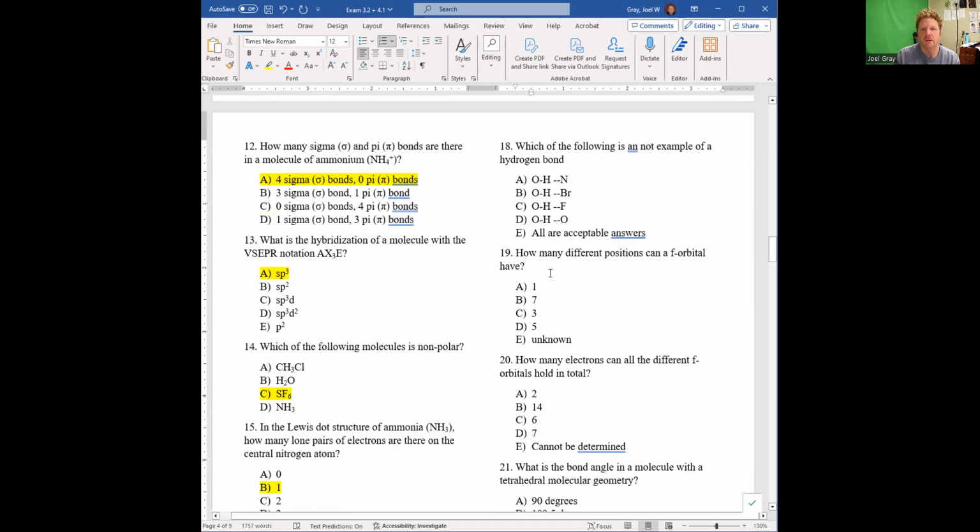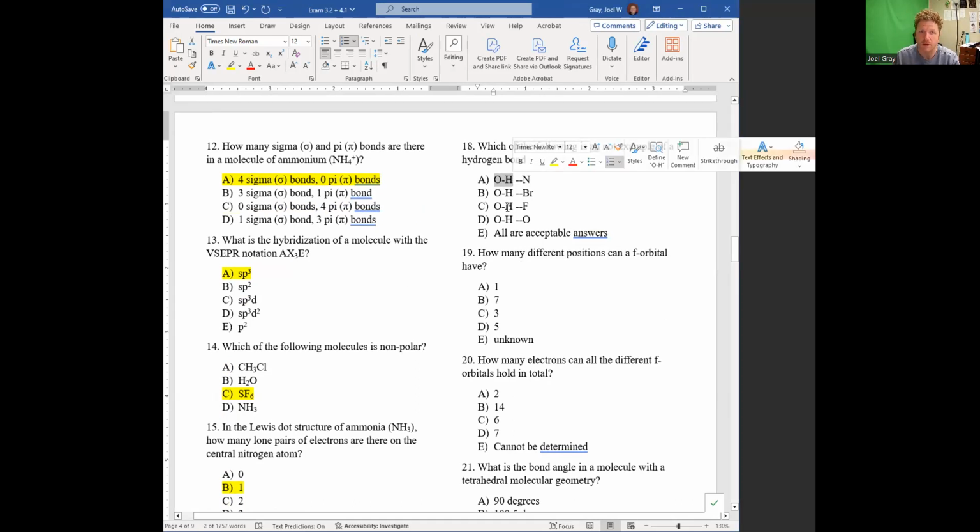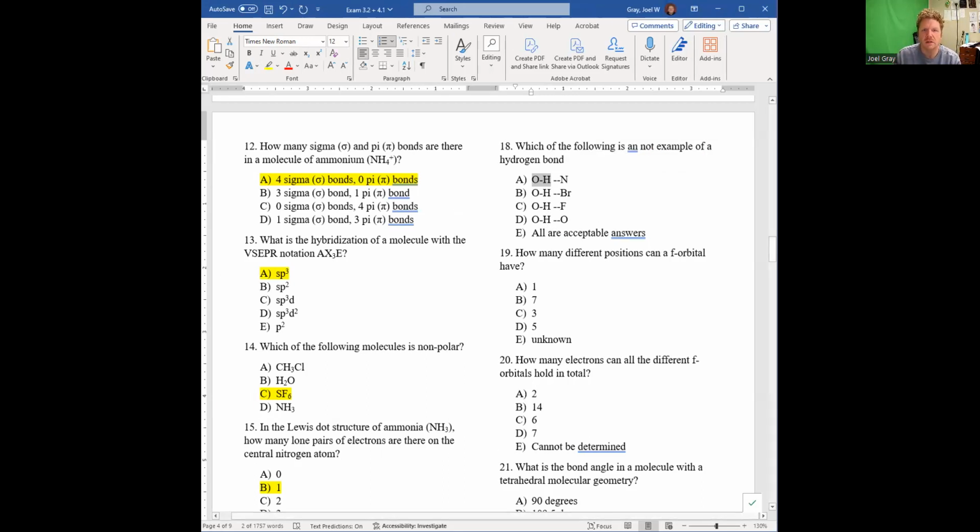Now, number 18. Which of the following is not an example of a hydrogen bond? Okay, so a hydrogen bond, notice how all of these have OH. Okay, so that's one part of a hydrogen bond. But then we've got to have something else that's electronegative. And if you look at these, we're looking for something that is not a hydrogen bond.